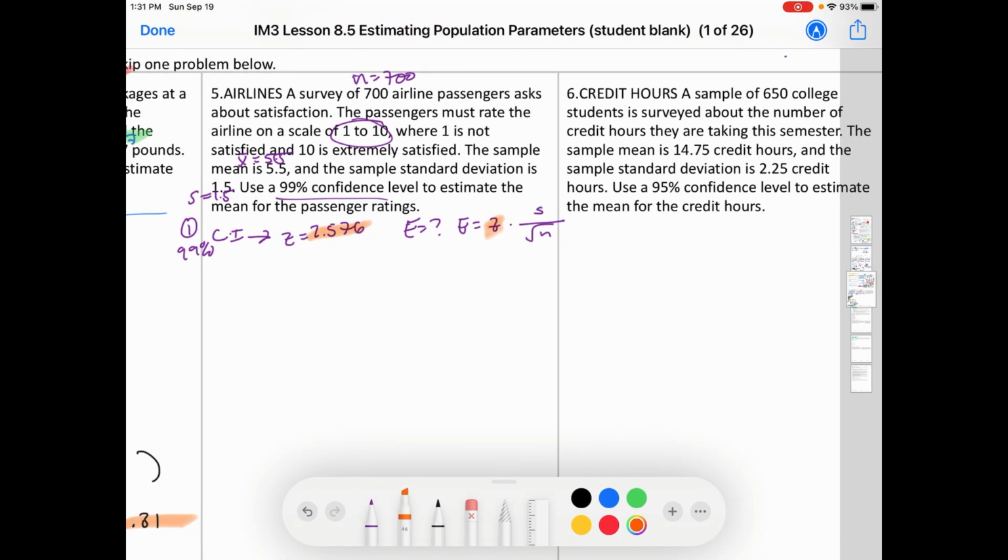Okay, our z-score, we just found that, goes here. Our standard deviation, 1.5, and our N value is 700.